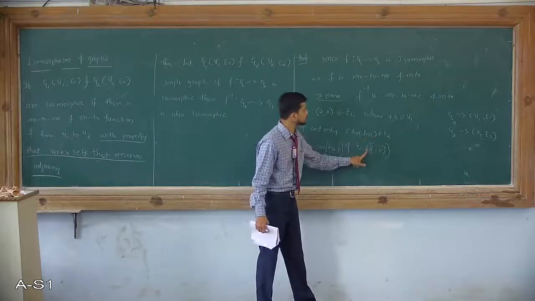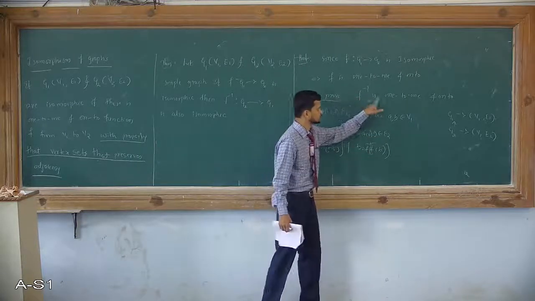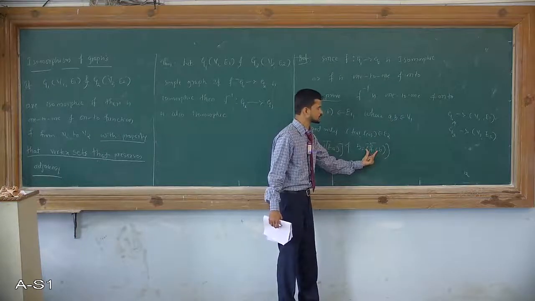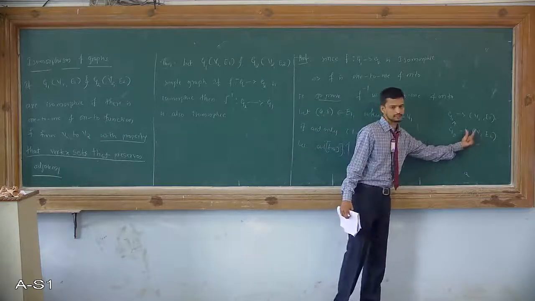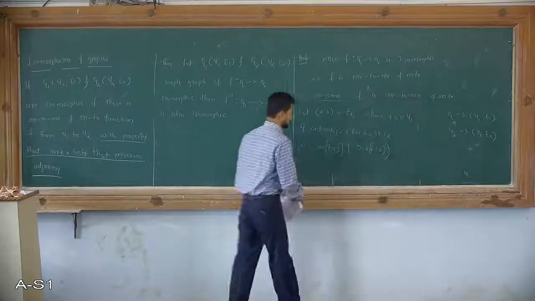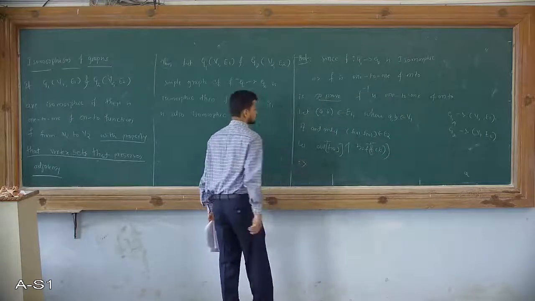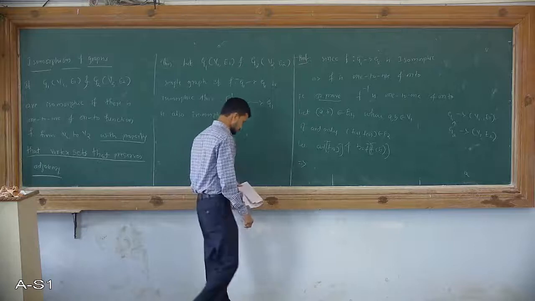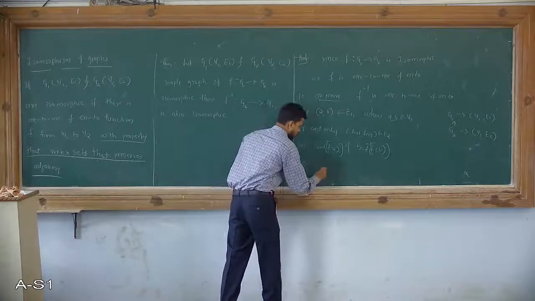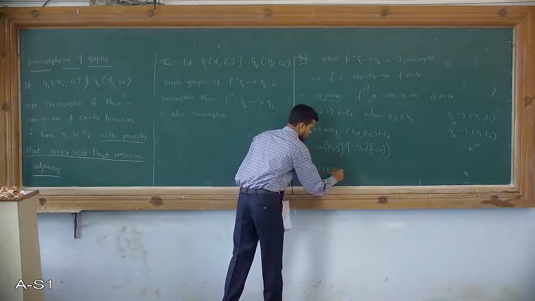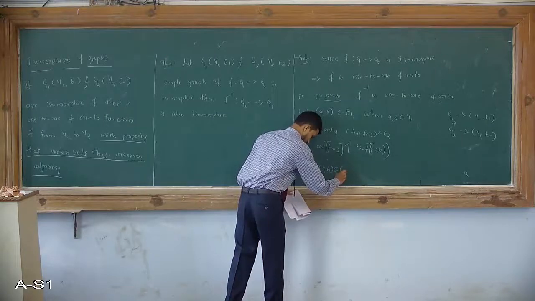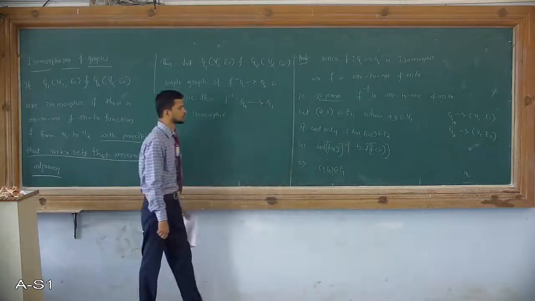This F inverse is from what? G2 to G1. So this belongs to a vertex of G1. Therefore, (A, B) belongs to E1, which implies (A, B) belongs to E1.